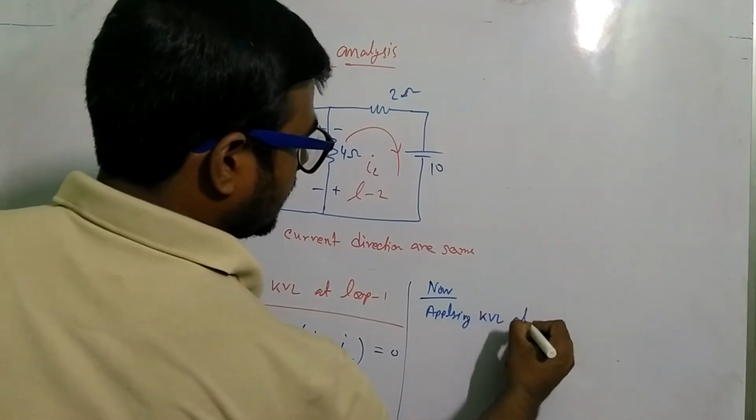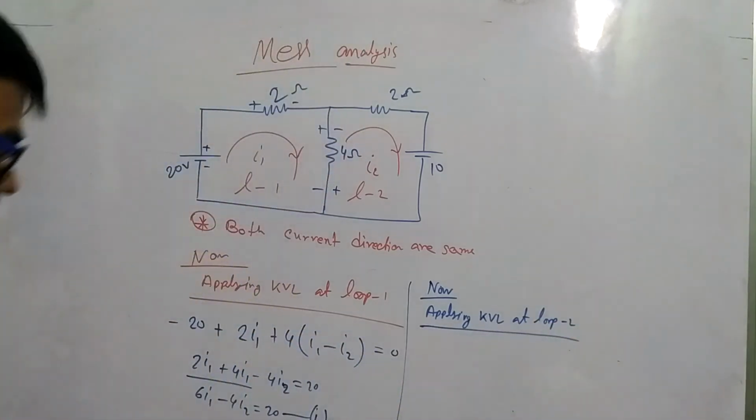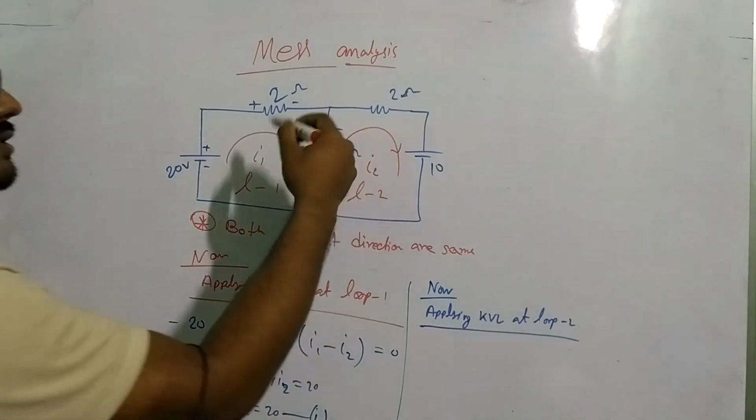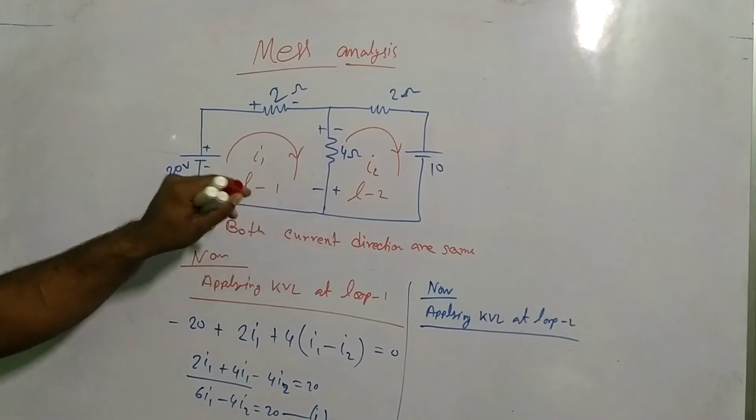Now applying KVL at loop 2, or mesh 2. What is the meaning of mesh? Mesh means only a small closed loop.